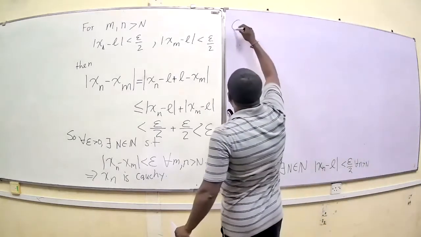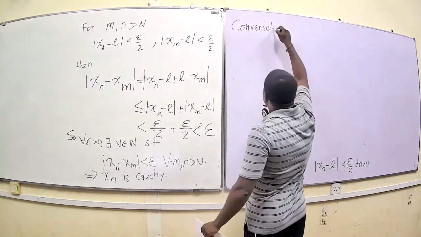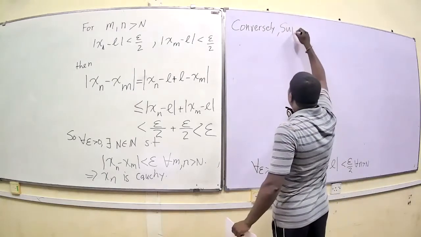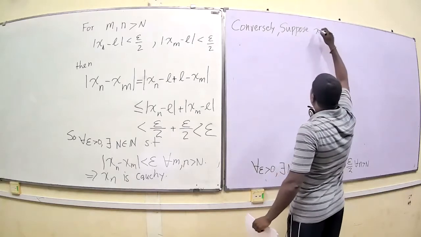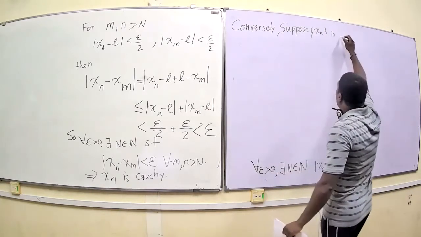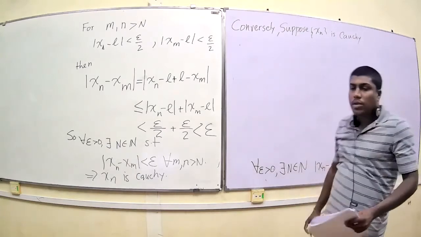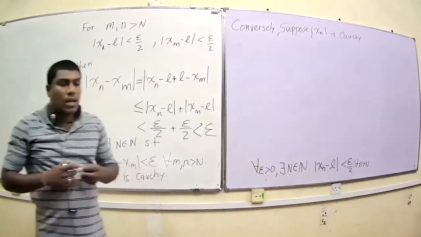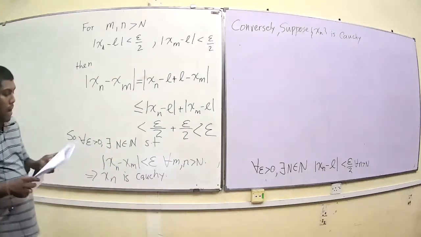So conversely, I'm going to prove the reverse now. I assume that xn is Cauchy.